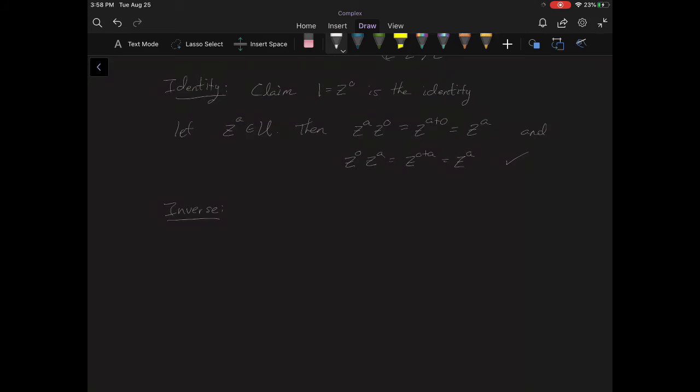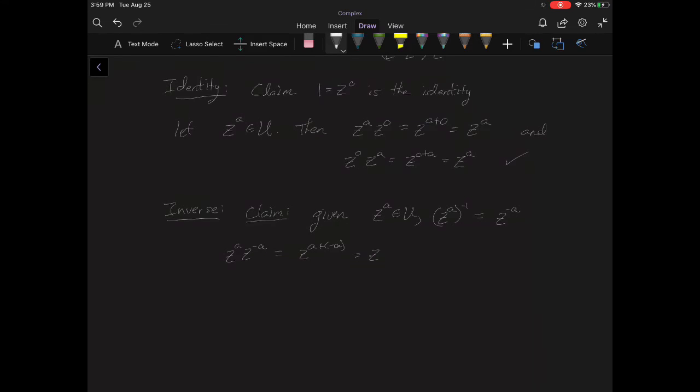Finally, we have to show that it has inverses. We claim that if we're given a z to the a in the set U, then z to the negative a is actually z to the a inverse. So we're just going to do the calculations here. z to the a, z to the negative a, that's z to the a plus negative a.